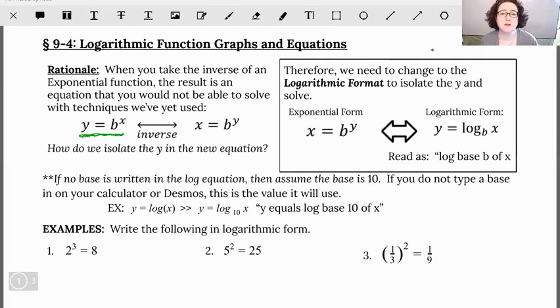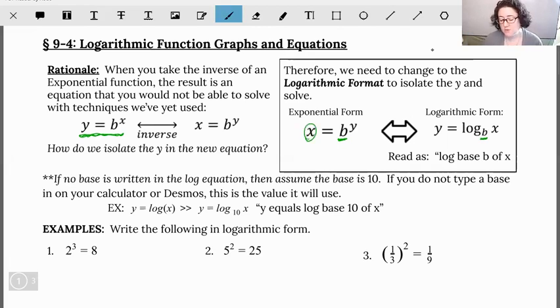So here enters in the logarithmic function. A logarithmic function is pretty much just a way for us to express the inverse of an exponential function. And the way we write these, if we have a function in exponential form, so let's use x equals b raised to the y, that inverse function that we created, to do our logarithmic form, our y, our exponent, is equal to the log, or logarithm, base b, which again, notice is the same base that we were raising to the y, of x, the expression that was already sitting by itself.